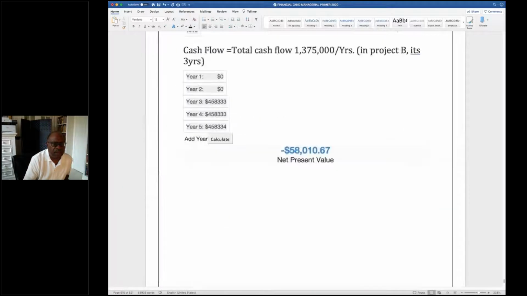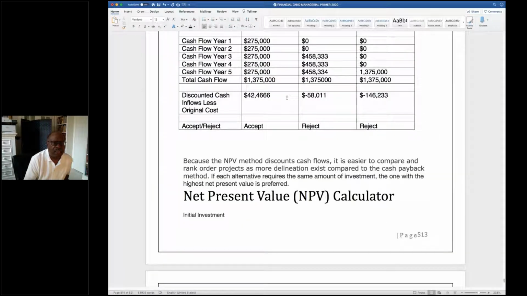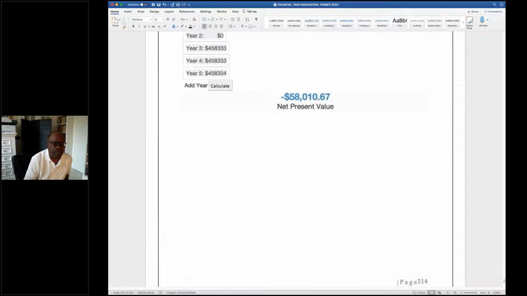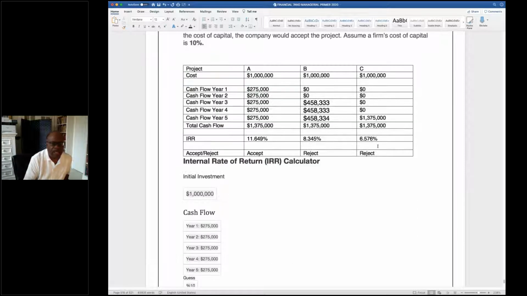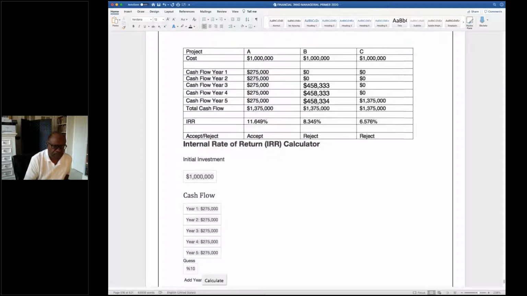One method is just looking at the dollars and saying the dollars need to be positive. Another method, internal rate of return, is coming up with the rates generated by the flows and comparing those to this 10%, our stipulated cost of capital rate.